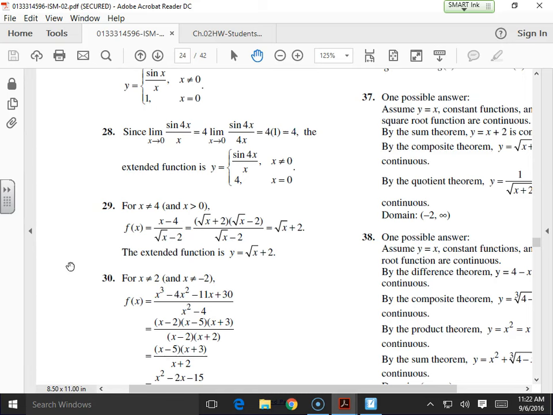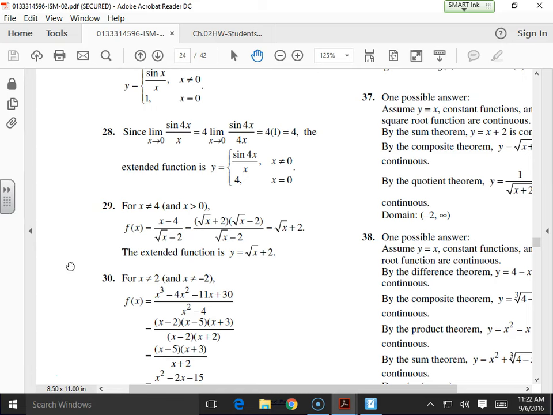Does that make sense? So you're extending the function to fill the hole. You assign it piecewise: everywhere but 0, use your function, but at 0 it's a hole. That's okay. Make the y value 4, and then you've made it continuous.